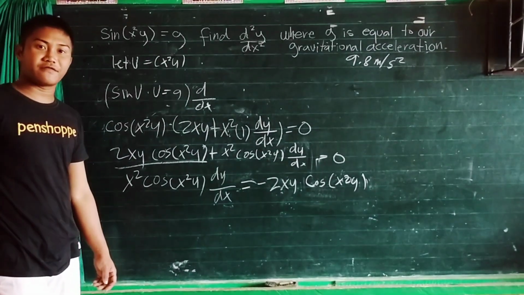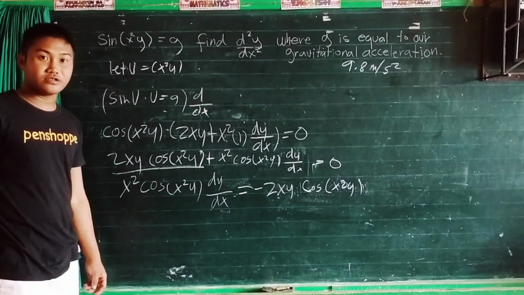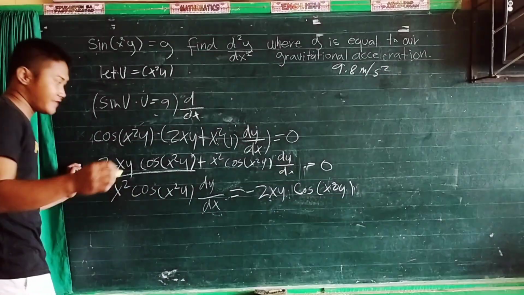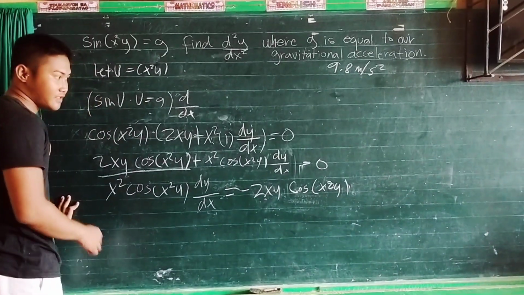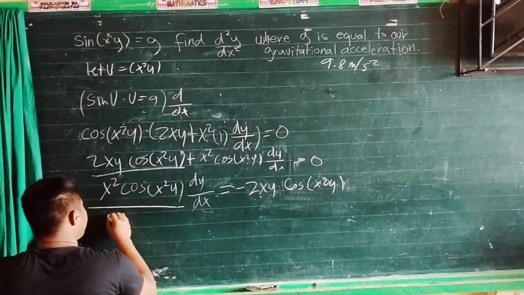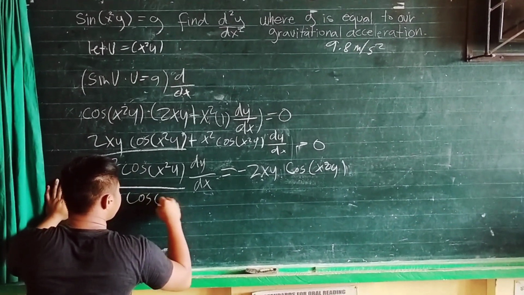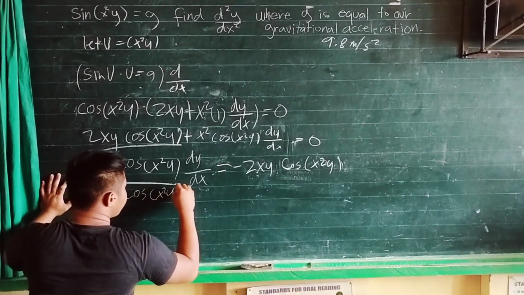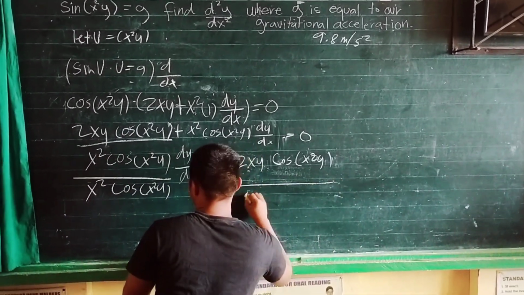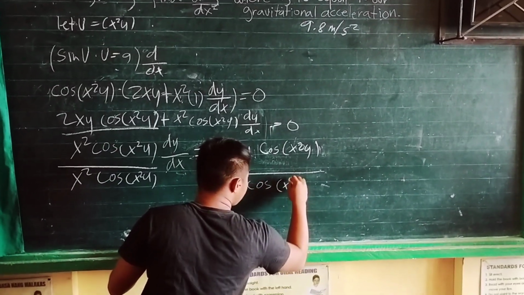In order to get our first derivative, we're going to cancel out or eliminate this one. So we have to divide both sides by x squared cos x squared y.